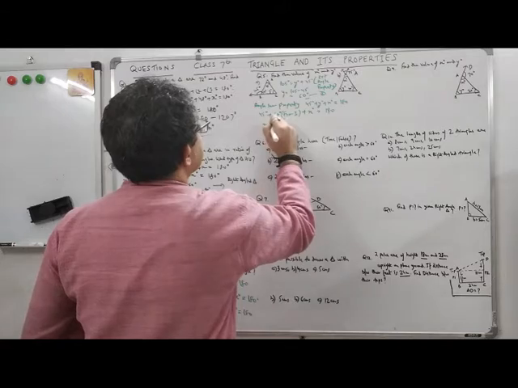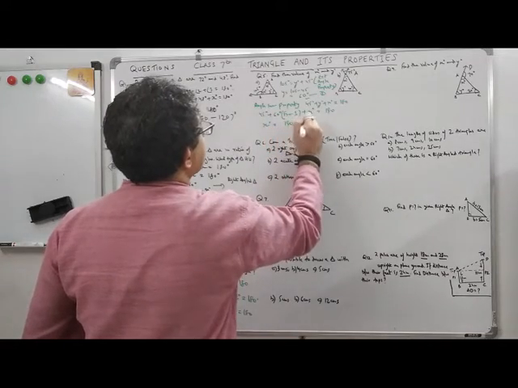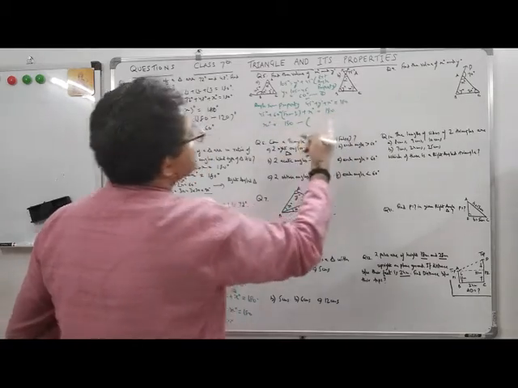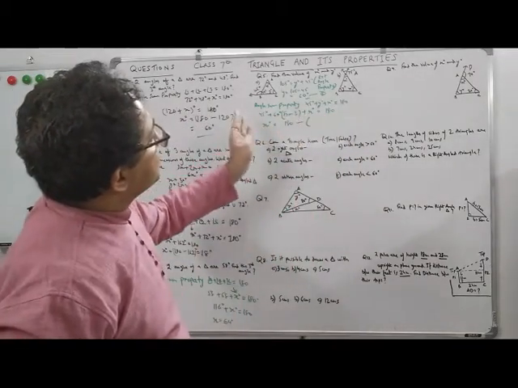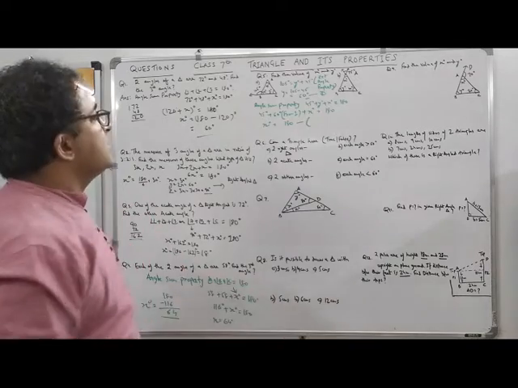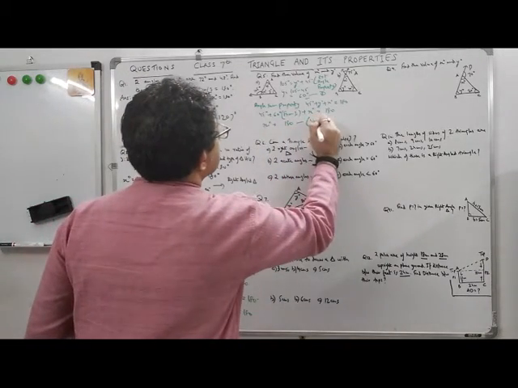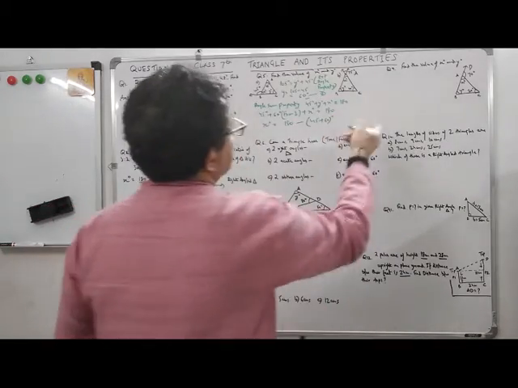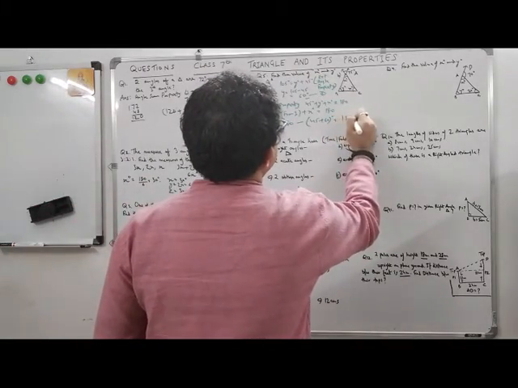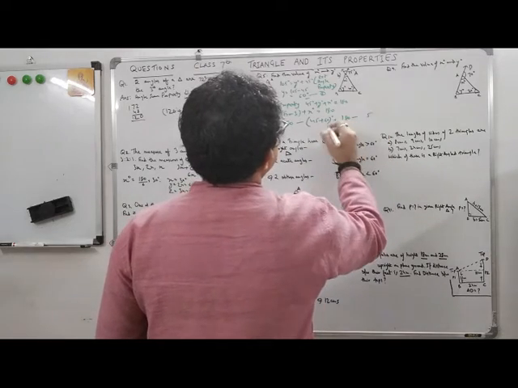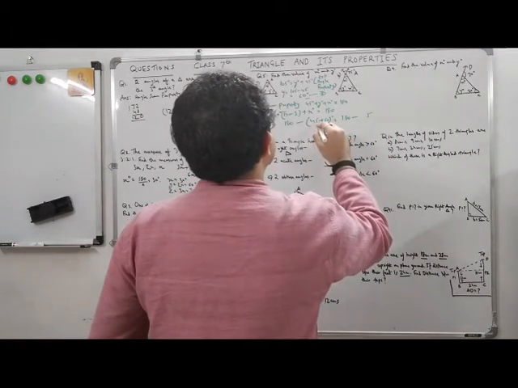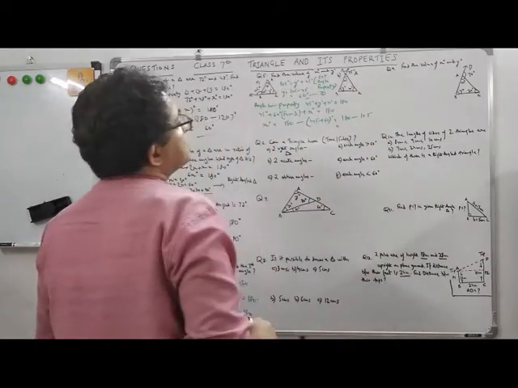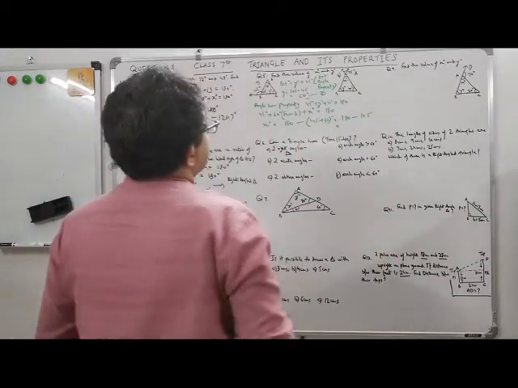So x degree is 180 minus, by transposition, x remains on the left hand side and all the rest constants go to the right hand side, minus the sum of these two, 45 plus 60 degree. 180 minus 105. So how much will this be? 75. I think so, 75.